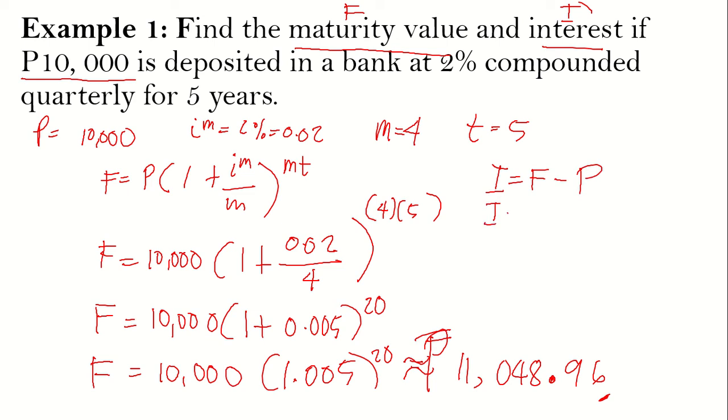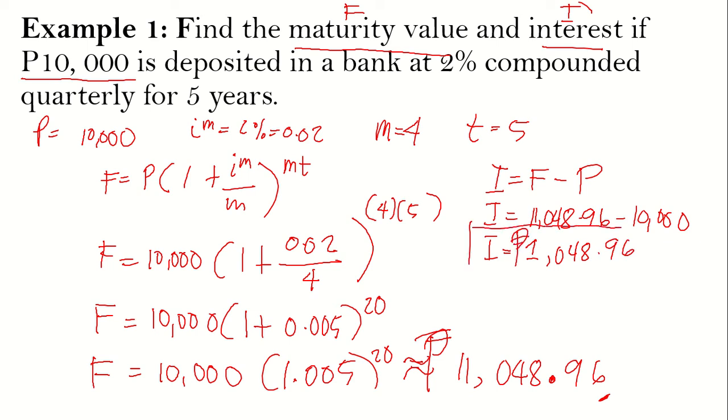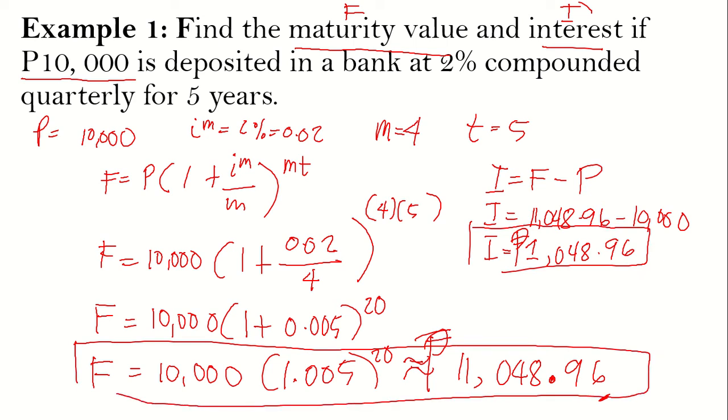So, the interest is equal to 11,048.96 minus 10,000. So, the interest for 5 years is equal to 1,048.96 pesos. So, this is the interest and this is the future value.